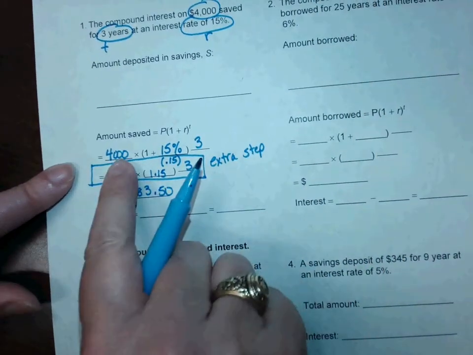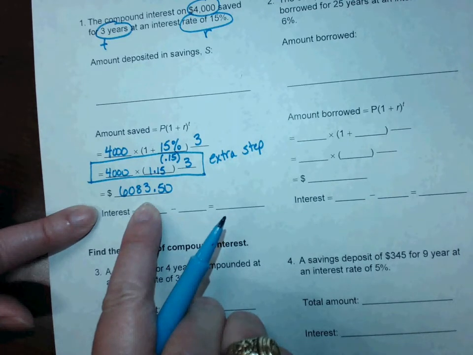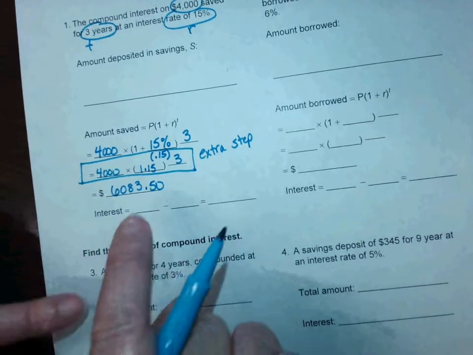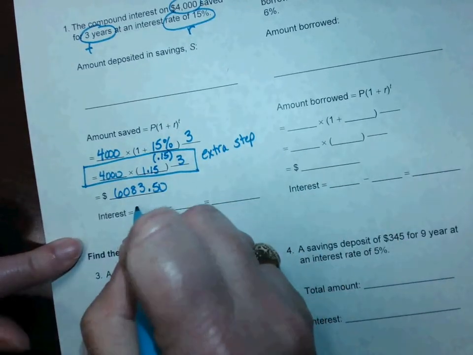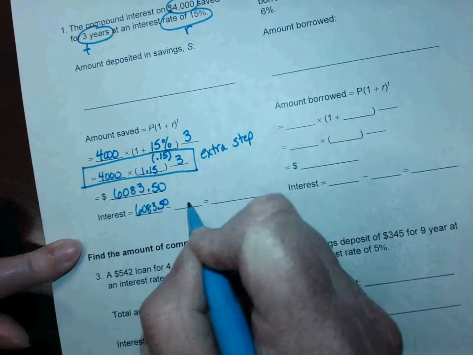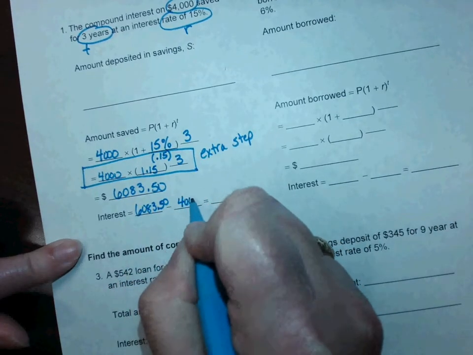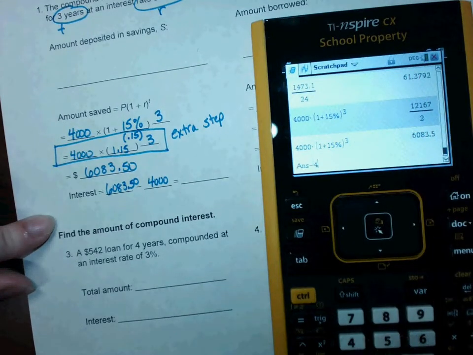So we started with $4,000, and then with interest, we got $6,083.50. If I want to know how much of this is interest, I've got to take my amount and subtract the principal.